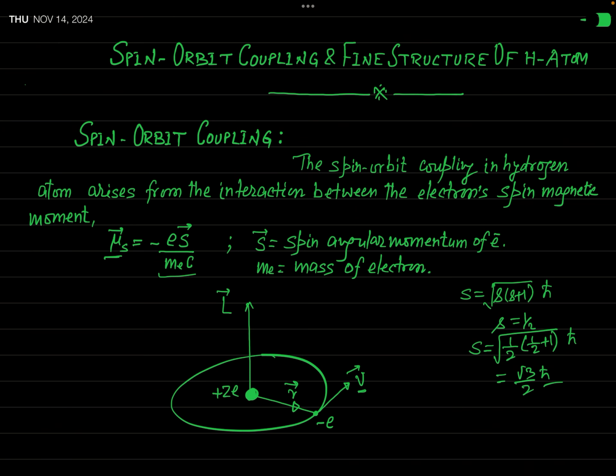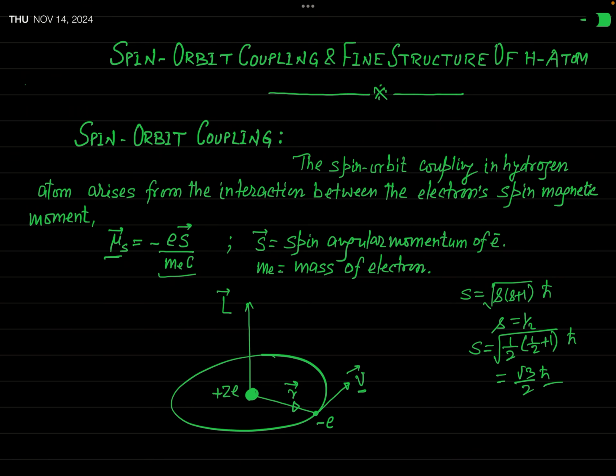But now if you consider that our frame is attached to the electron, then in its own reference frame the electron will be stationary.